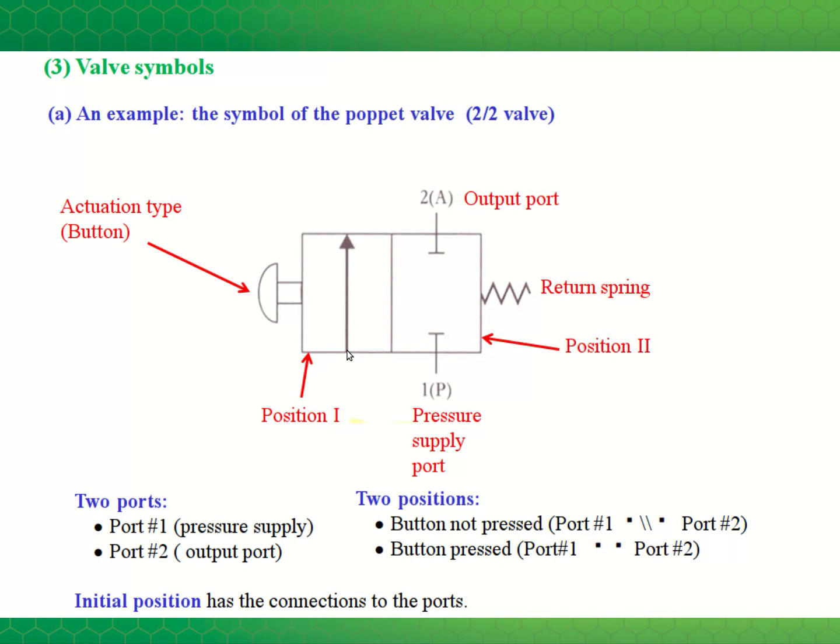These symbols use a line with an arrow to indicate the direction of fluid flow. They use these T's to show that a port is closed off. And then there is a line showing where the port connection is. And so you see there are 2 ports on this valve.